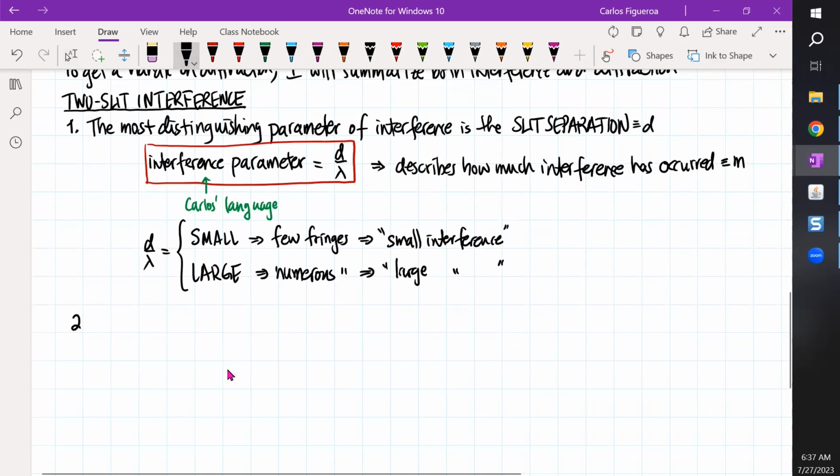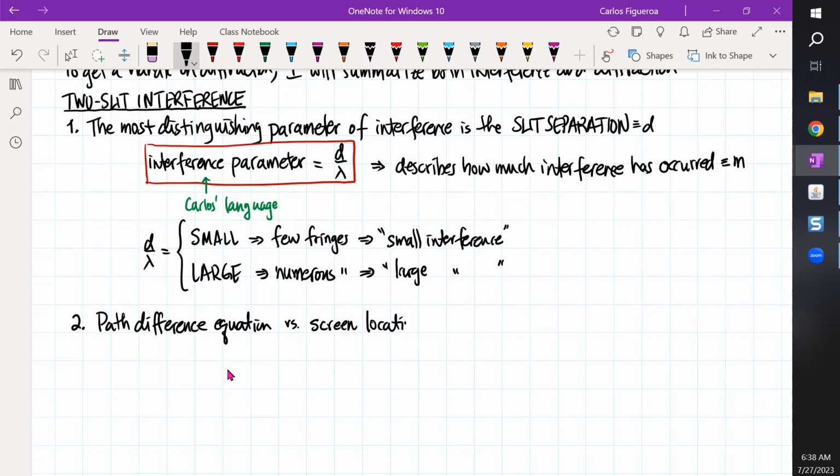2. We have a path difference equation. And when we look at the path difference equation, there are two equations that are intimately connected. There's the path difference versus the screen location of fringes.